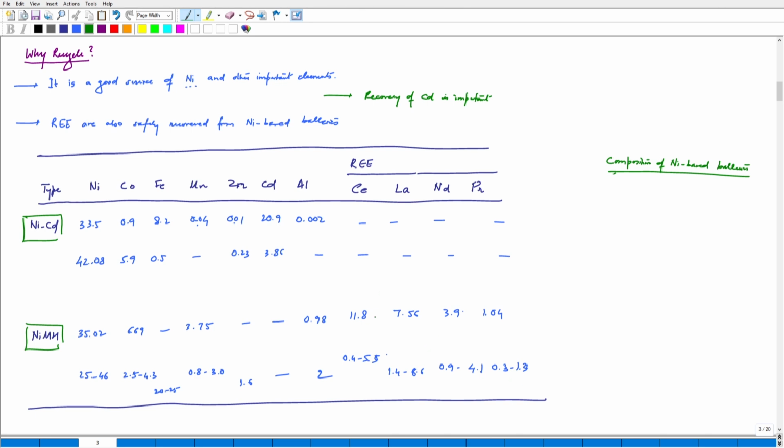So for instance, if you look at the maximum percentages, cerium can vary from 11.8 to 5.5, 7.5 to 8.6, 3.9 to 4.1, and ranging from 1% to 1.3% in Pr.